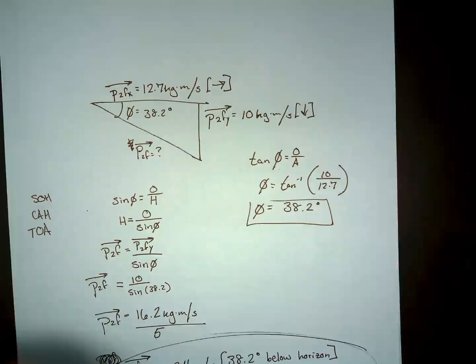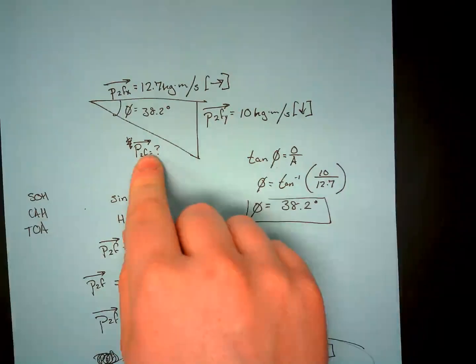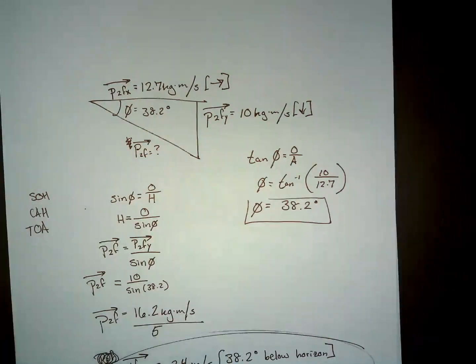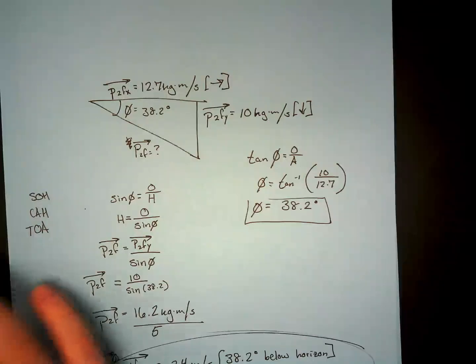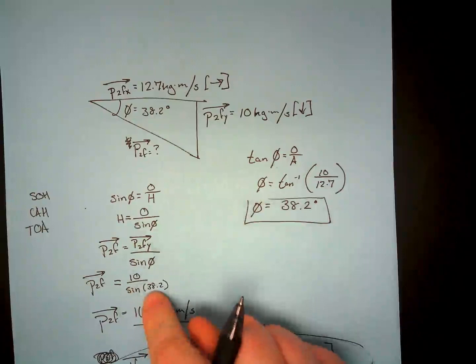Using Pythagorean's theorem, a squared plus b squared is equal to c squared. So the square root of 12.7 squared plus 10 squared, I get pretty much exactly what I calculated right here.